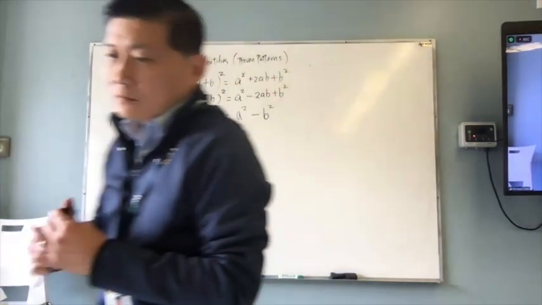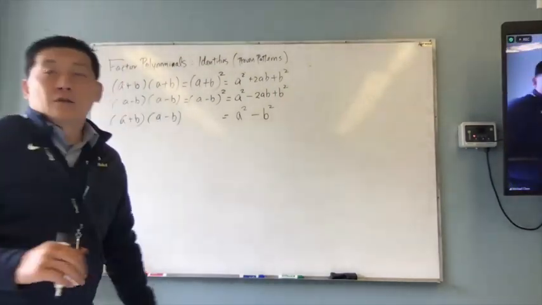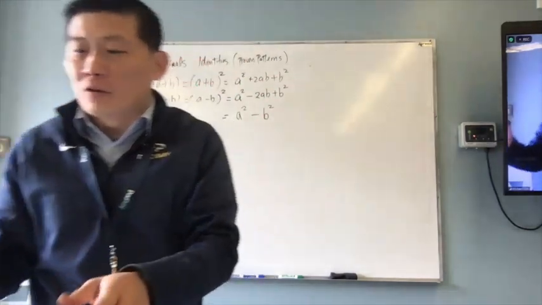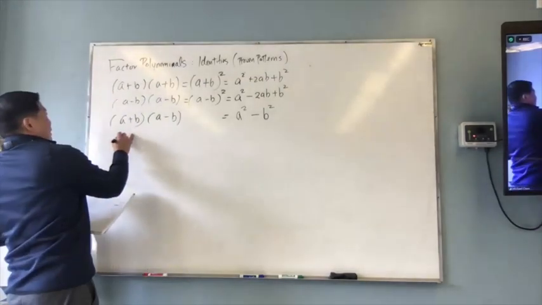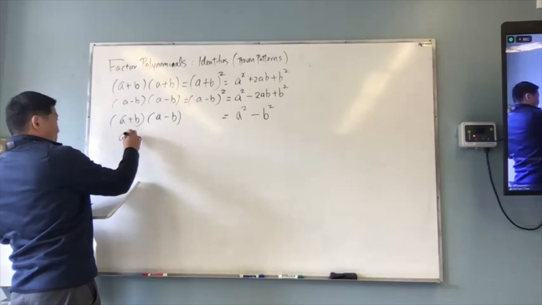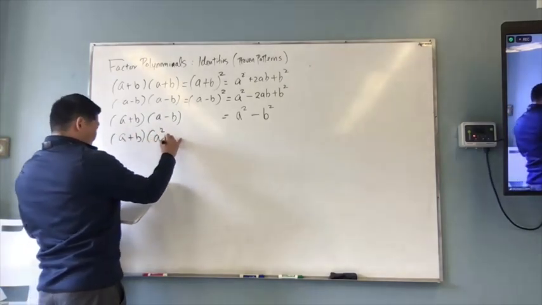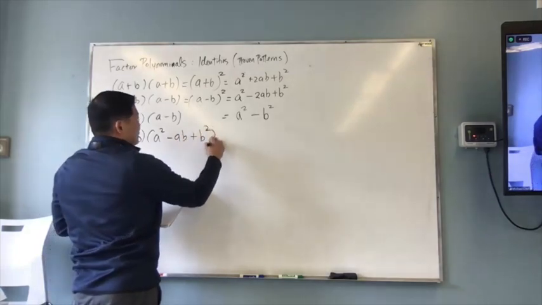The next one, I'm just going to go ahead and write it out for you. I won't demonstrate or show you how it happened, but I can. Let's start with this one. A plus B times A squared minus AB plus B squared.